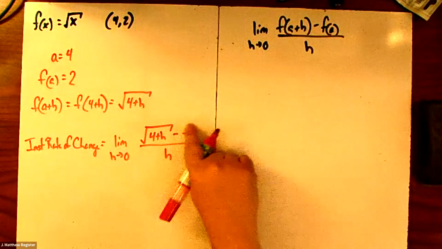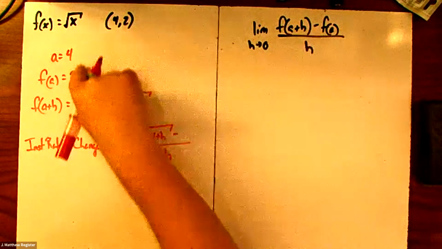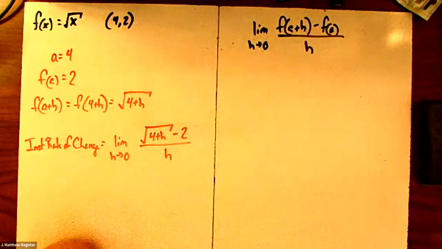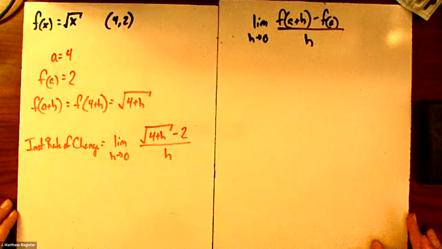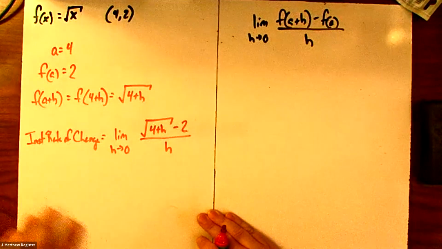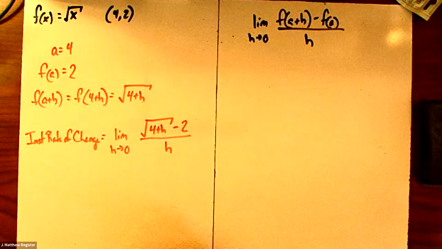That's not right. F of a wasn't 4, f of a is 2. Hopefully you're all paying attention, because I do make mistakes like that occasionally. And as we get to more and more complicated things, you might see them pop up more and more.